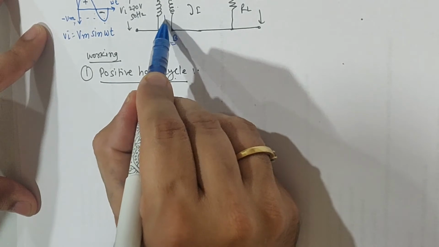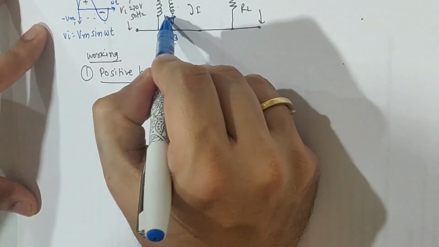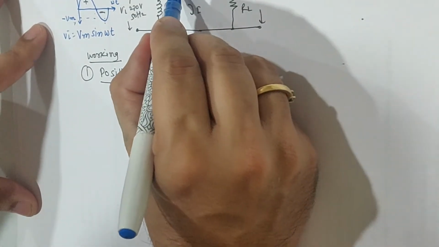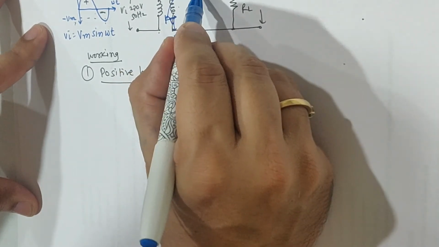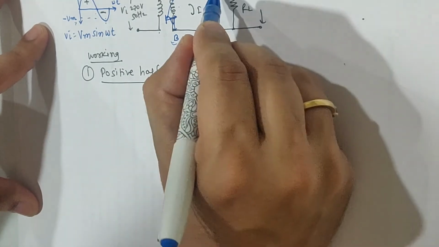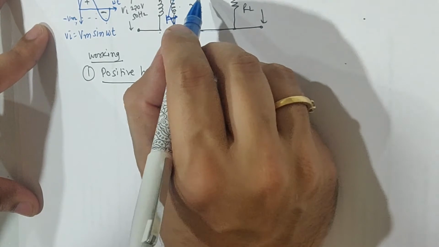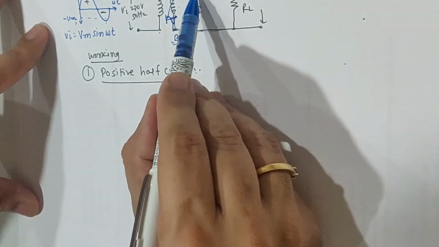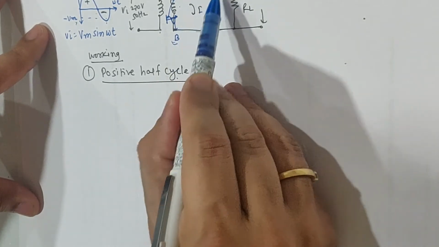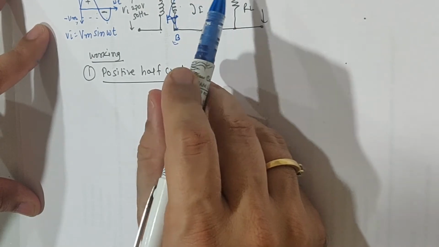That positive voltage is applied to the anode of the diode, and the cathode is connected to the negative power supply. So that will drive the diode into forward bias because its anode will be at higher potential with respect to cathode. Now when the diode is in forward bias, I have told you in the earlier slide that it can be replaced by a short circuit.